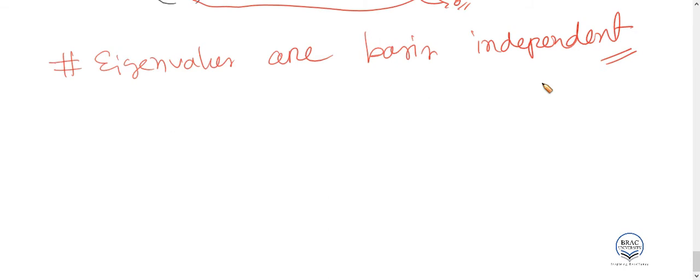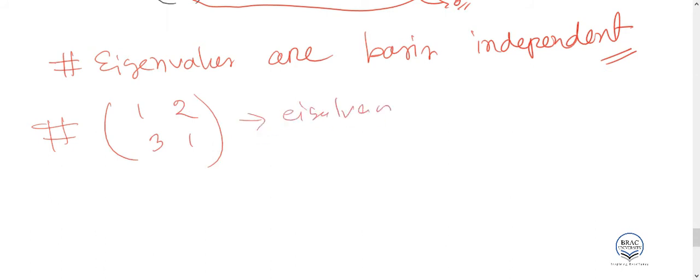And let's consider another short example. I won't be able to show the full details, but just to make the calculational procedure clear, let's say you have a matrix 1 2 3 1 like this, and you denote the eigenvalues as lambda, and you want to find the eigenvalues and the eigenvectors.